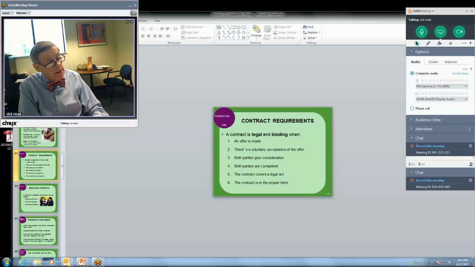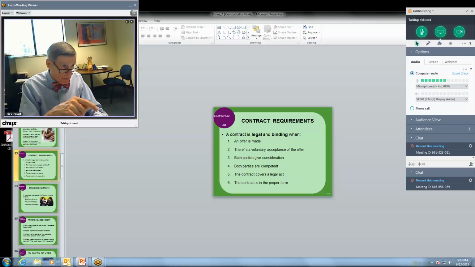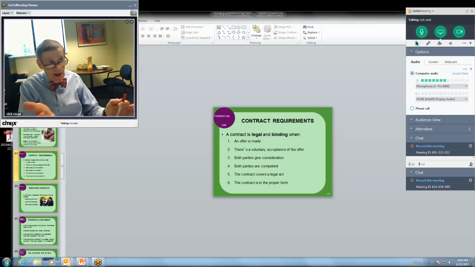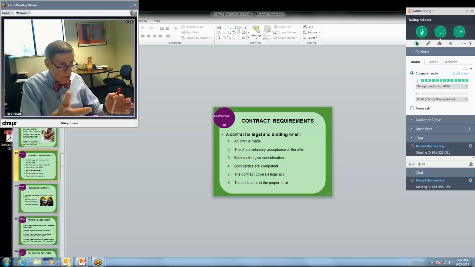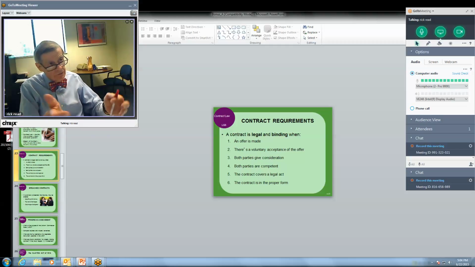The contract must be legal. In other words, if you would enter into a contract, I'm contradicting myself when I use the word contract here, but I have to use it to make the point. If you would enter into a contract with somebody, verbal or written, that you would purchase from that person something that was considered to be contraband, illegal, then it is not a contract. It's not enforceable. You couldn't go to a court of law and say, so-and-so didn't pay me my money.